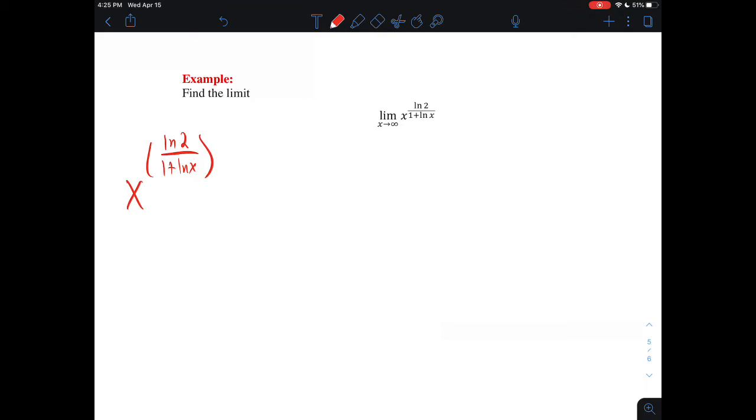So this is another example that I was talking about where you have exponents. We want to take advantage of L'Hopital's rule, which means I'm going to have to do some manipulation. This brings back to mind the idea of logarithmic differentiation. So let y equal x to the power of natural log of 2 divided by 1 plus natural log of x.